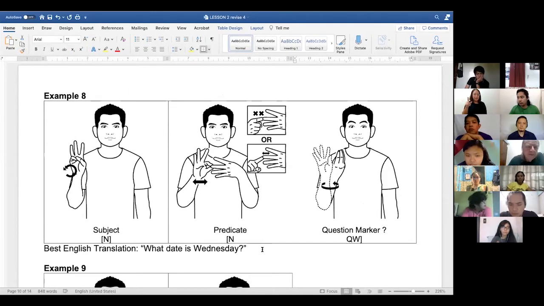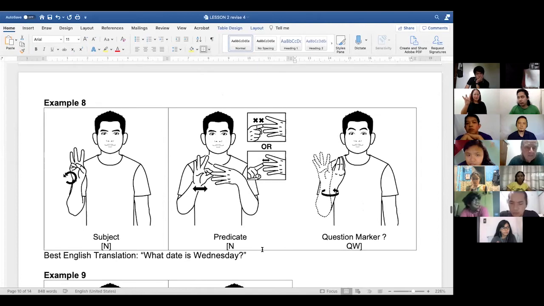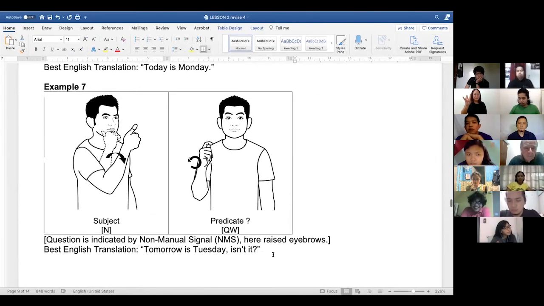Go back up to 7. Sorry. So I think, okay, are you going to add tomorrow, Tuesday, right? Are you going to add that sentence or not? Not anymore. Okay. So then go back and change the best English translation from tomorrow. Okay. Let me write it out. No.